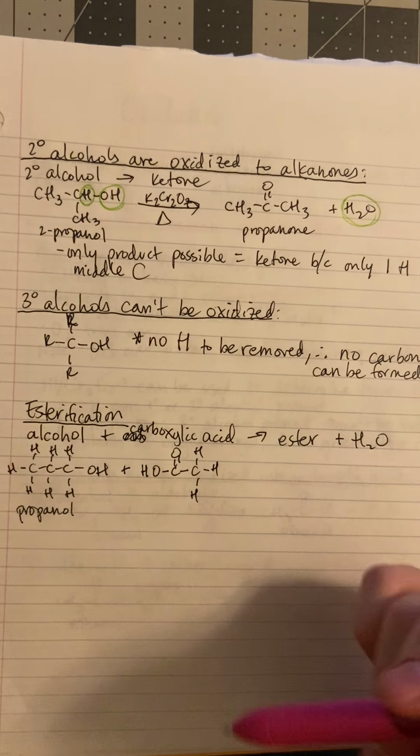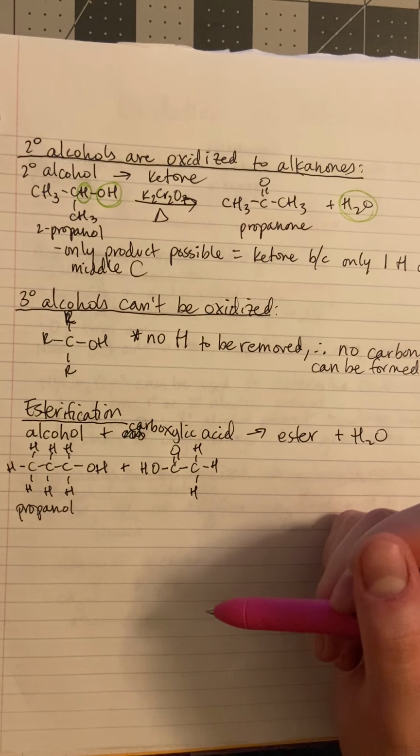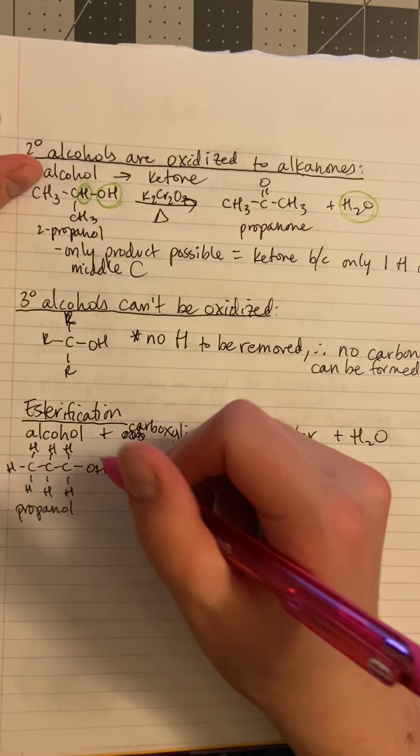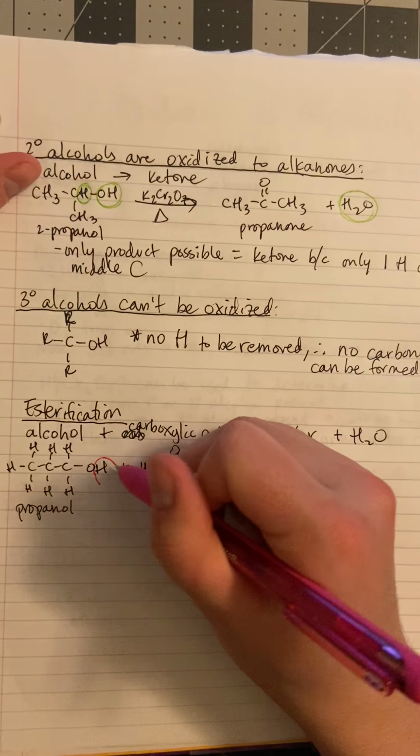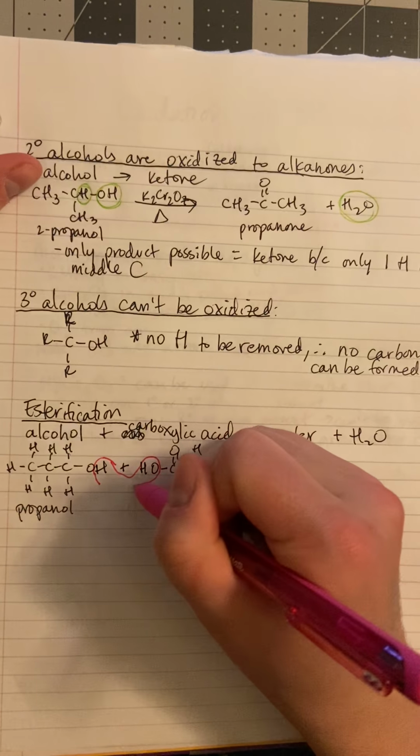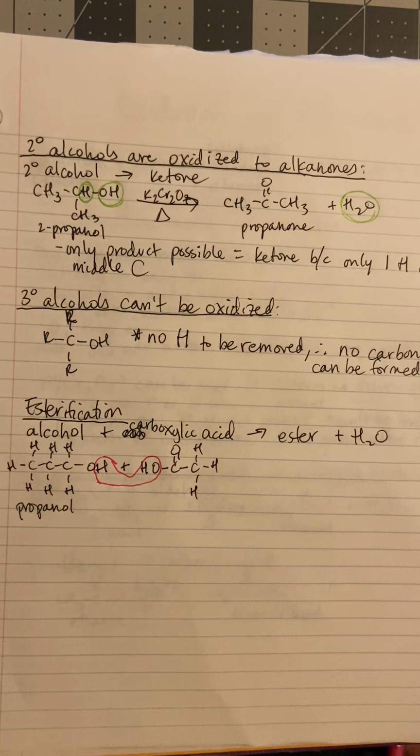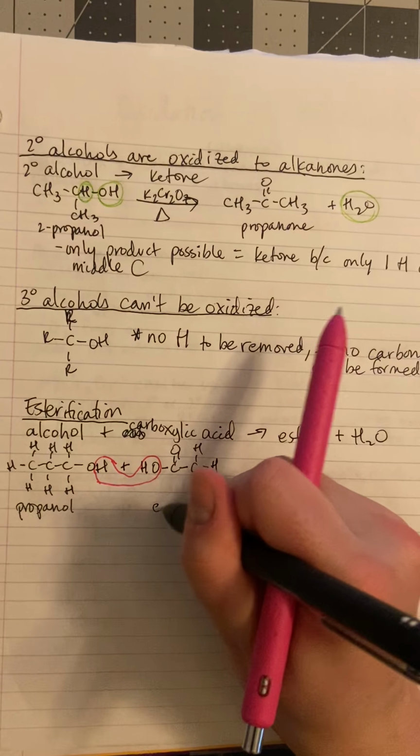When we combine these two together, what happens is we take the hydrogen off of propanol and the OH off of ethanoic acid.